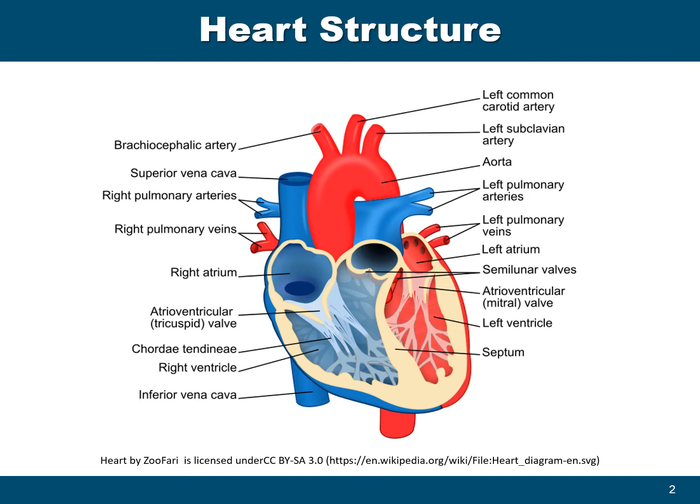So remember that your heart has four main chambers and two sides. You have the right atrium on this side, and then the right ventricle on this portion. Then you have the left atrium over here, and the left ventricle over this side.